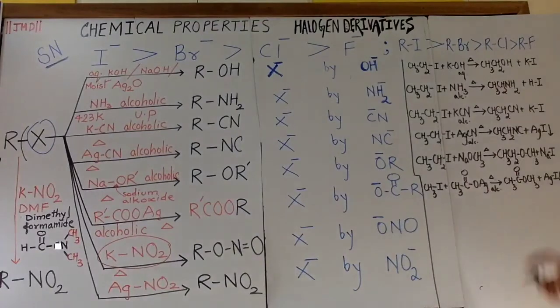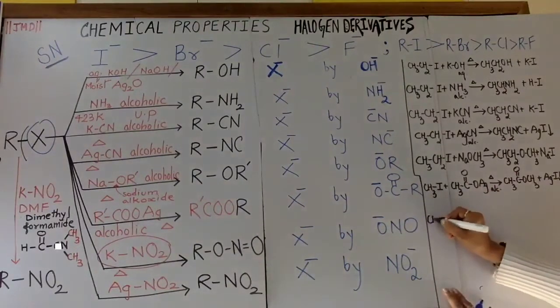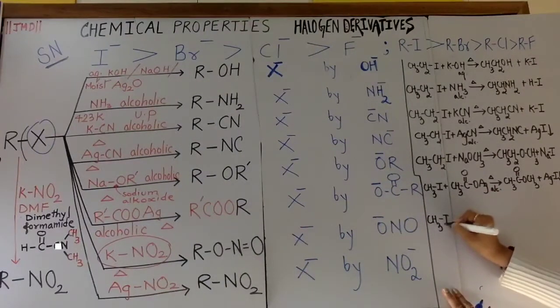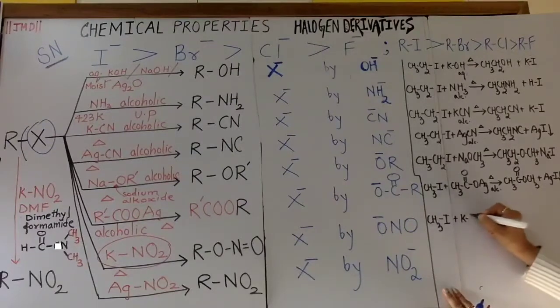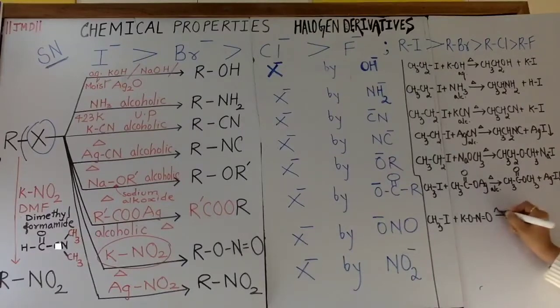Okay, now the next category, say I take methyl iodide treated with KONO. So heat, I get methyl nitrite plus KI. Methyl nitrite plus KI. This is KI. If you can't see, just write it closer.